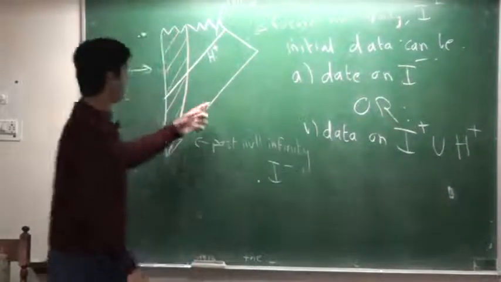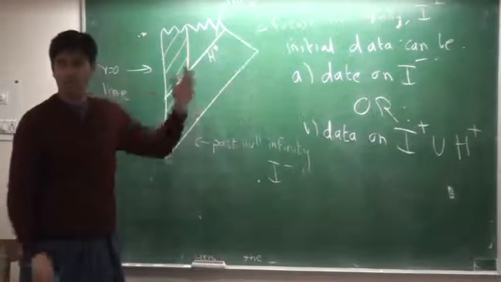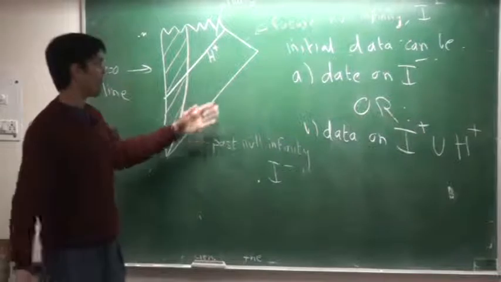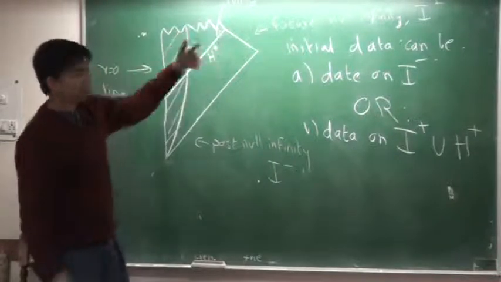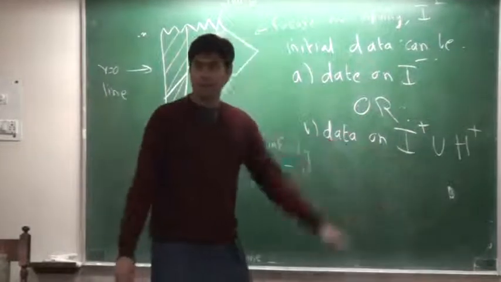You can specify data for the fields either here, or you can specify data for the fields either here or here. And the statement is, if you specify data for the fields so that things are the vacuum in the far past, then you get a configuration where things are not in the vacuum in future null infinity.